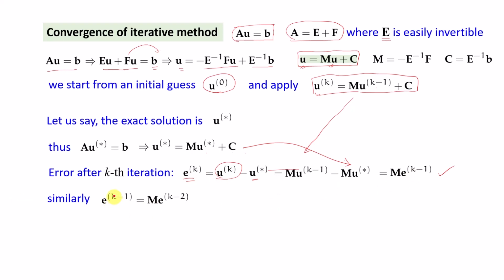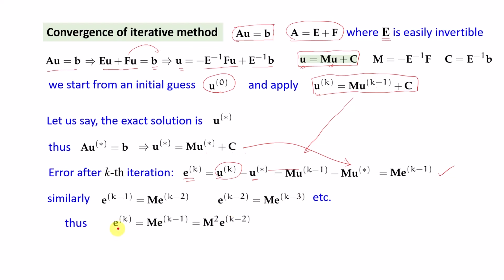Similarly, it can be shown that Ek minus 1 is equal to M Ek minus 2, Ek minus 2 equals M Ek minus 3, and so on and so forth. We can keep on doing this.